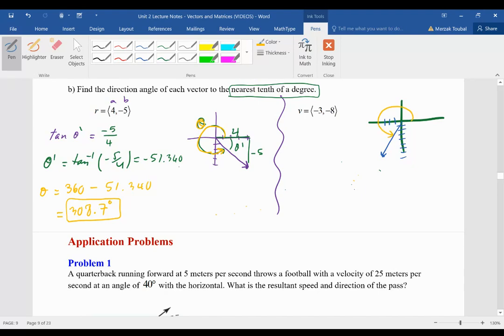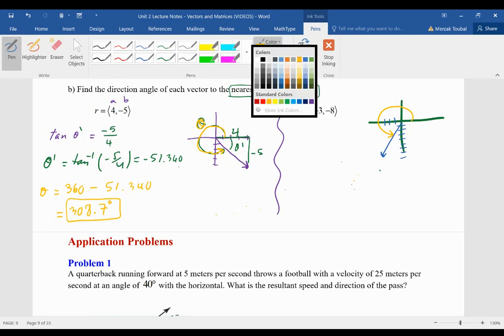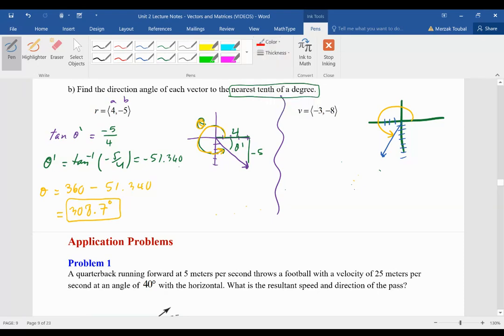This is the angle we're looking for, right? The angle we're going to find using tangent or inverse tangent, it would be this one here.